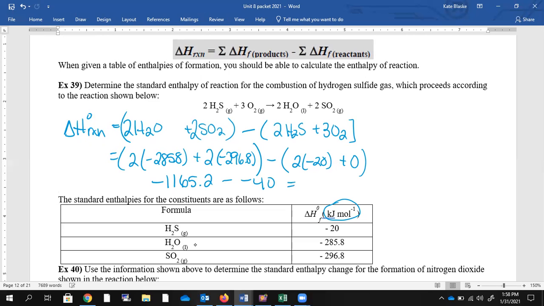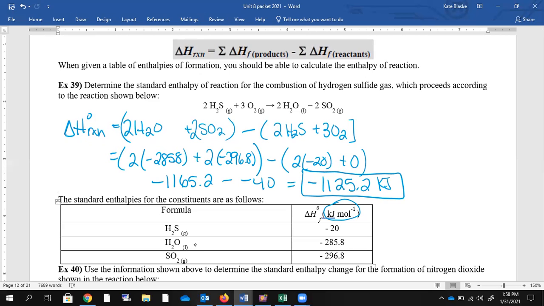So overall, my delta H of this reaction is negative 1125.2 kilojoules, not per mole, sorry, kilojoules. I don't write the per mole because I multiplied them up, because I basically took 2 moles times the kilojoules per mole. So all I'm left with is kilojoules.